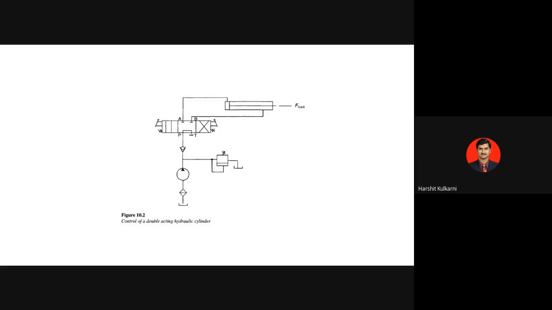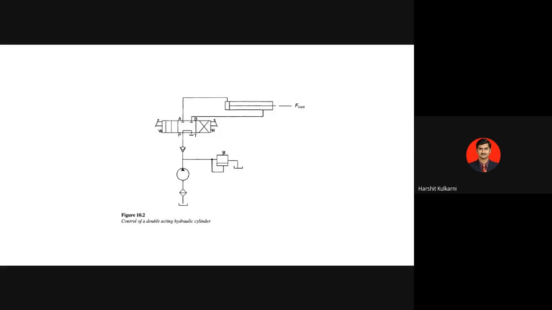The entire hydraulic system is filled with oil. So what happens to the oil that is present in the rod end of the cylinder? It will start moving back through the connection B to T. So this upper one will be B and T will be the tank. You can see here from B to T, it will drain back to the tank. This is the complete extension. Okay, like this you have to explain.